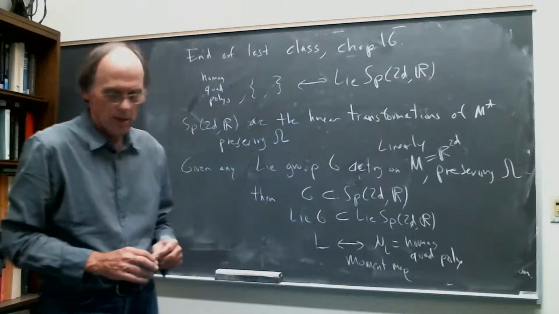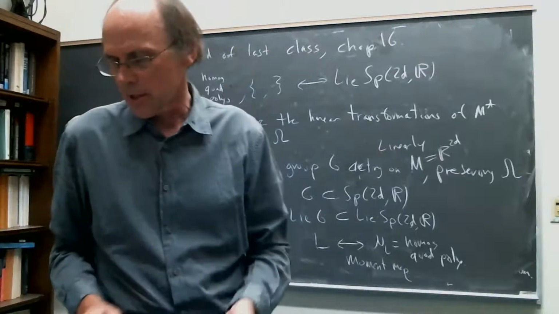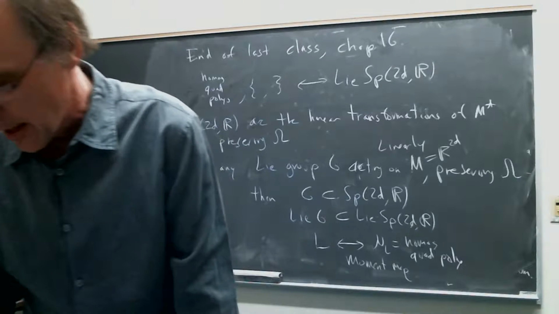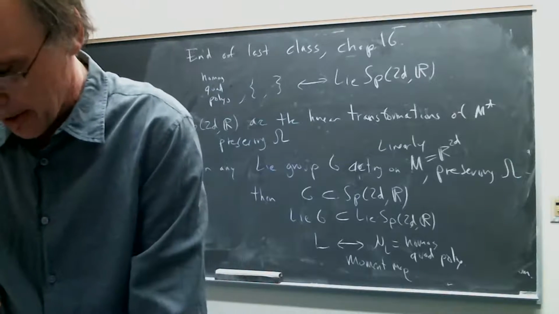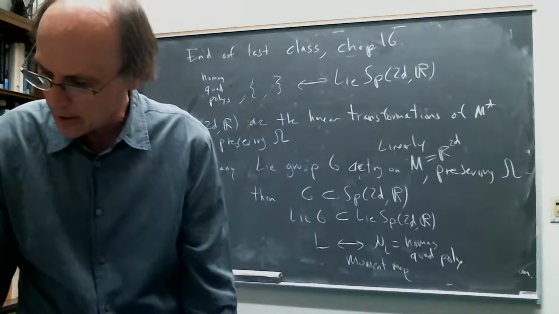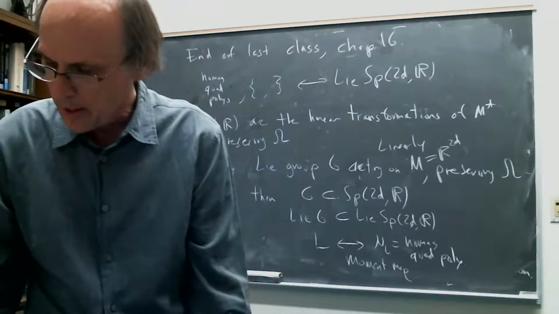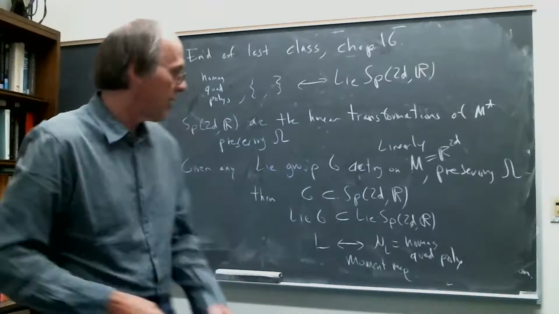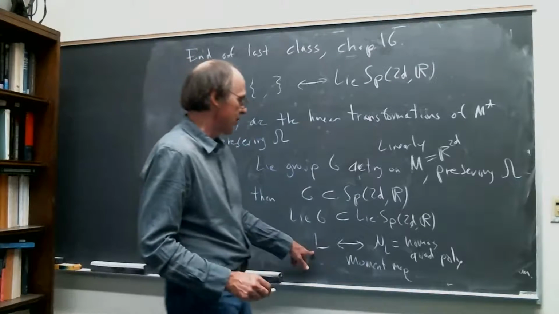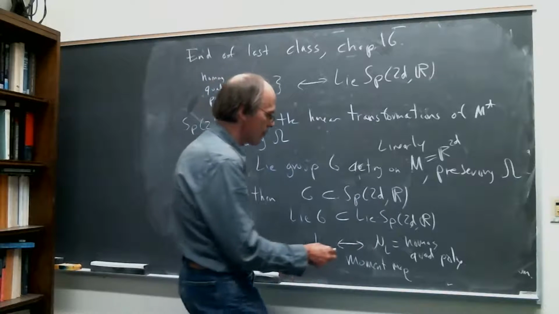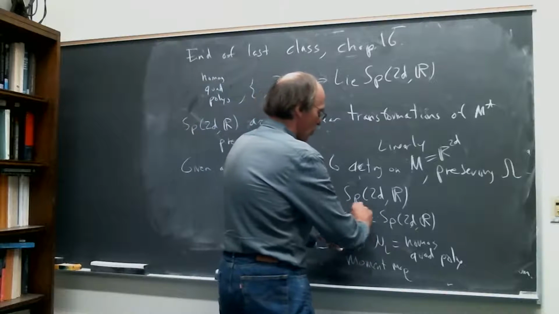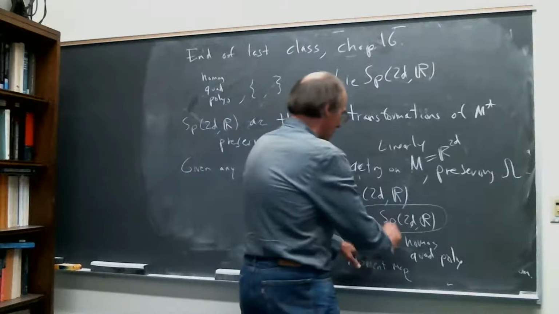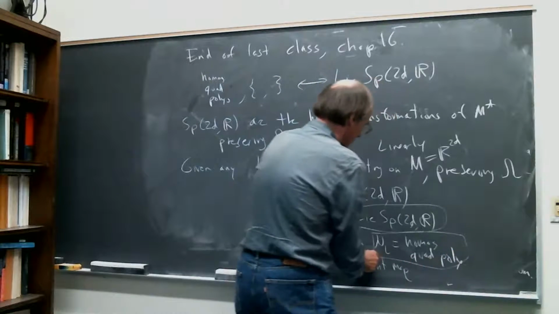Maybe I'll say a little bit about it next time to summarize this. If you look in section 16.1, there are very explicit formulas for what this Lie algebra looks like in terms of matrices and how it's related to the functions.